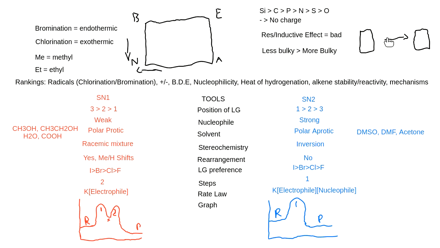And your leaving group is always going to be, well, not always, but most of the time, it's going to be some type of halogen, okay? Sometimes it could be water as your leaving group, but that requires extra steps. And then, of course, above the arrow is going to be your nucleophile. So let me write that down. You can see the nucleophile here as well.